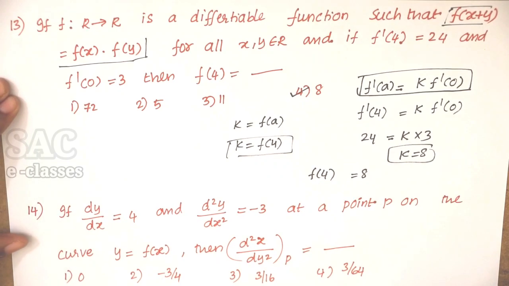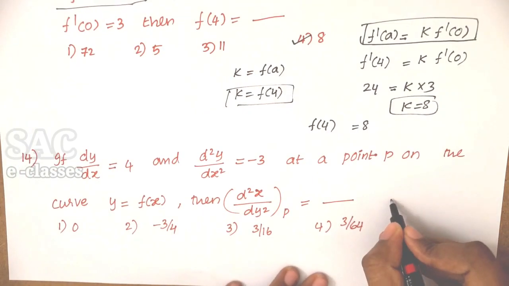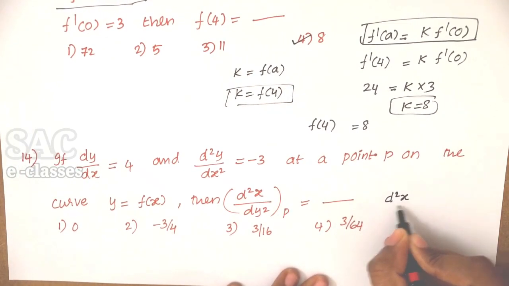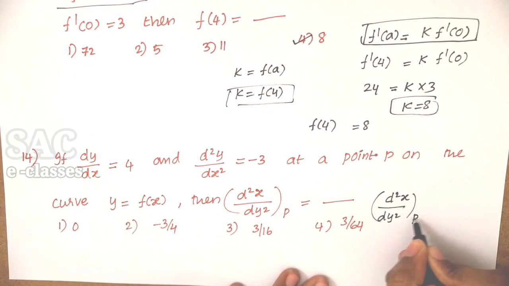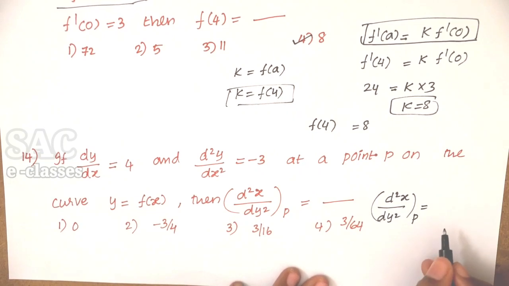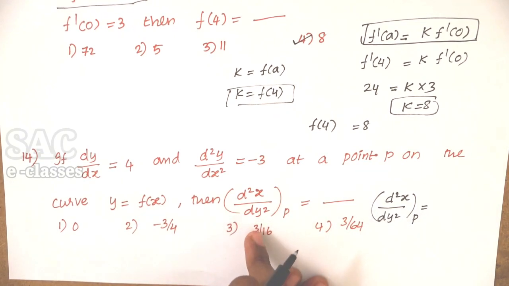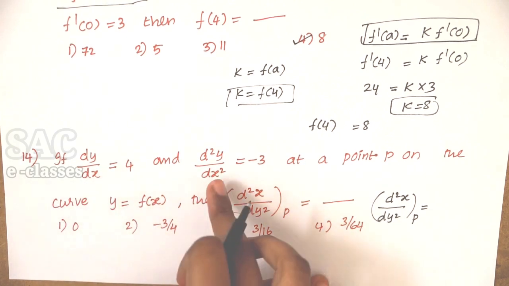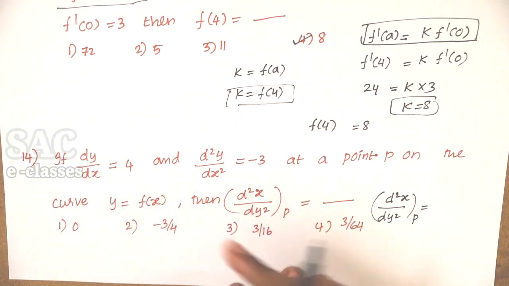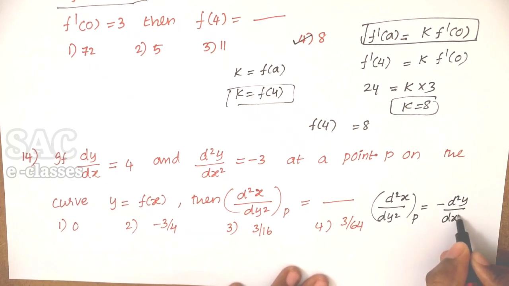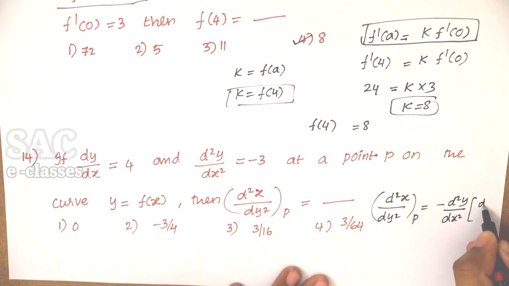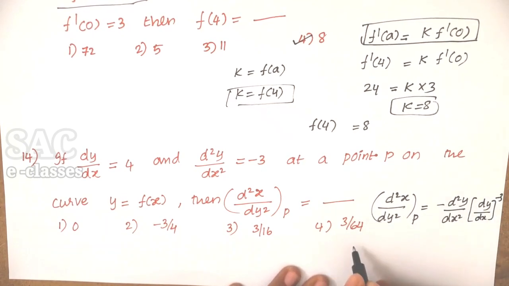Let us move to the next problem. Now you want d square x by dy square at some point P. But we know an identity for d square x by dy square. The relationship among d square x by dy square, dy by dx and d square y by dx square is minus d square y by dx square into dy by dx whole power minus 3.